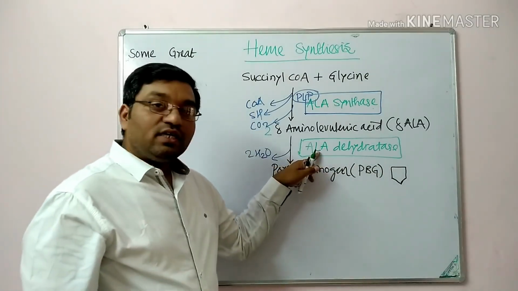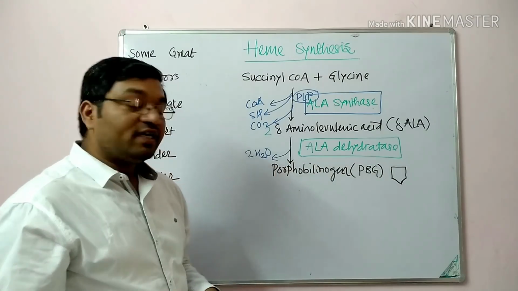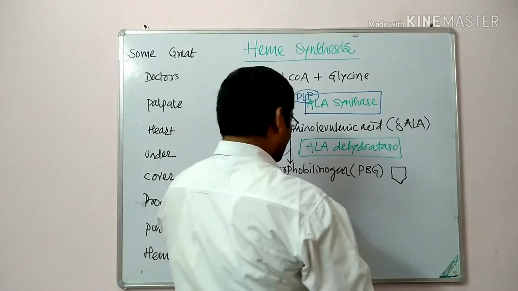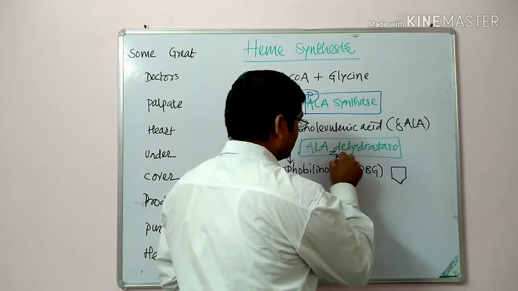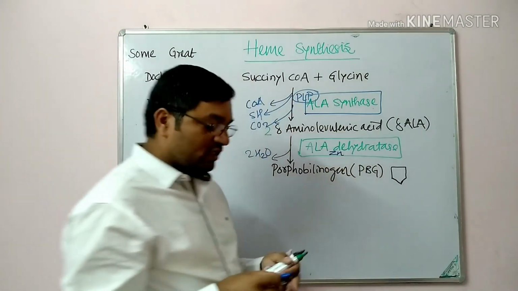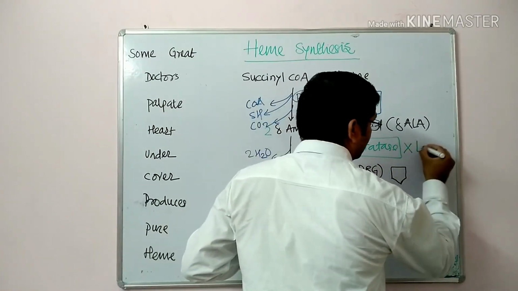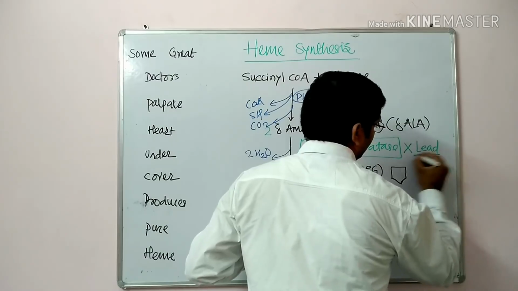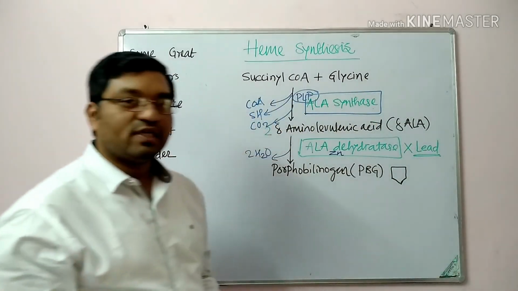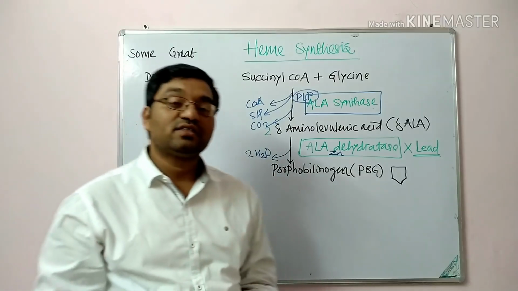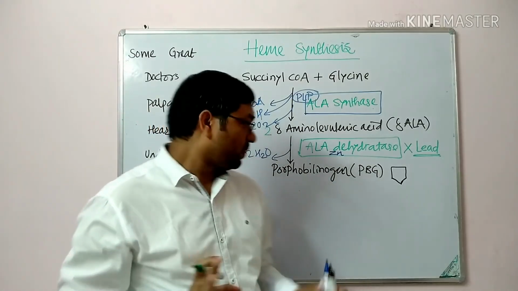This one is a zinc containing enzyme and it is inhibited by lead. And deficiency of these two enzymes, ALA dehydratase and ALA synthase, leads to anemia.